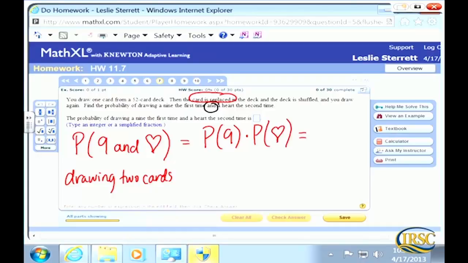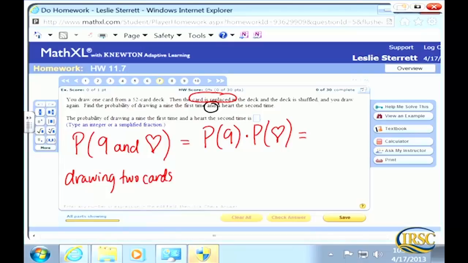So again, it's an and problem where there's more than one event. You did see the word and in section 11.4 before, but there was only one event. It was just asking you, can it be both at the same time in one event? So here's an and when more than one thing is happening. You're drawing a card twice.